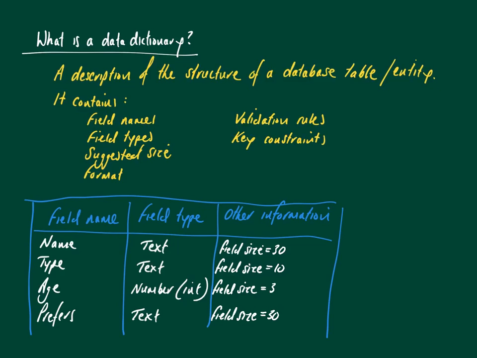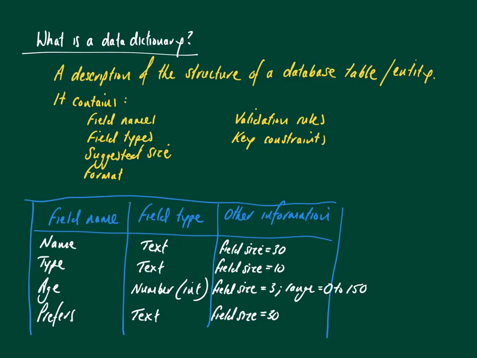Now, there's not a prescribed format for any of these fields, so we're not going to look at format at this point, but we have the ability to have some validation. So we can set the minimum and maximum age of a pet if we wanted to. So let's say we wanted to do that. We could just say that the range of the age had to be between 0 and 150.